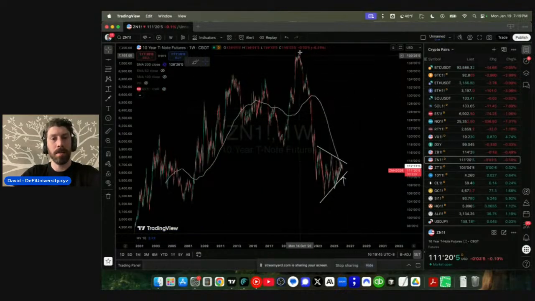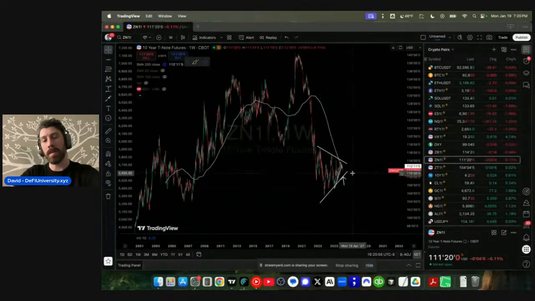This pattern is quite bearish. This looks like a relief rally. The last several years of price action looks like just a relief rally after this big move lower in notes, which means big move higher in yields. So this pattern looks like a pause. This triangle, that's more of a pause formation.